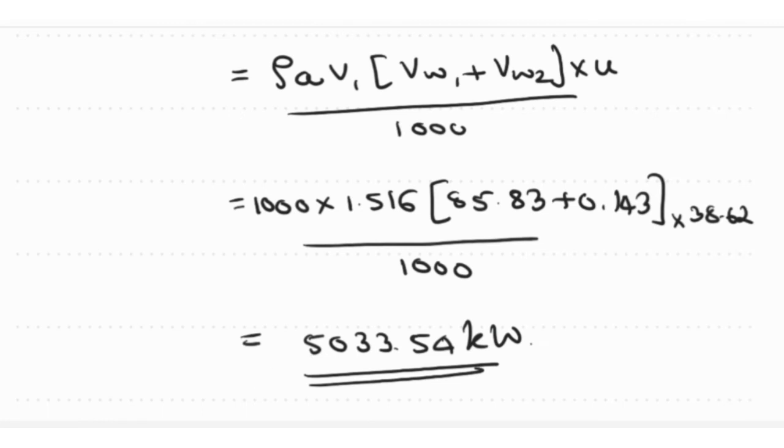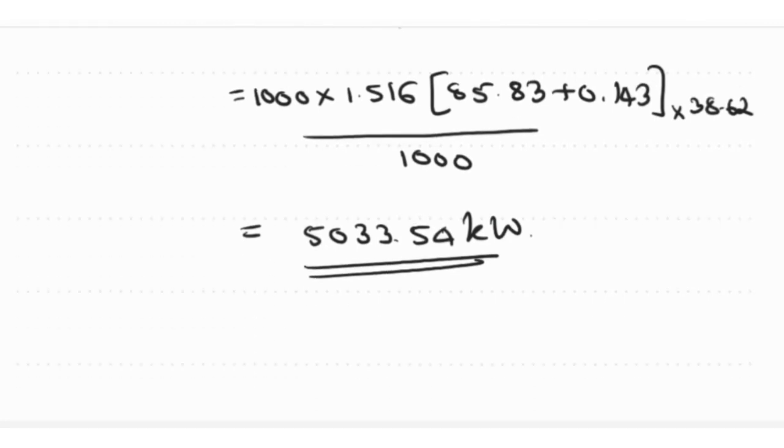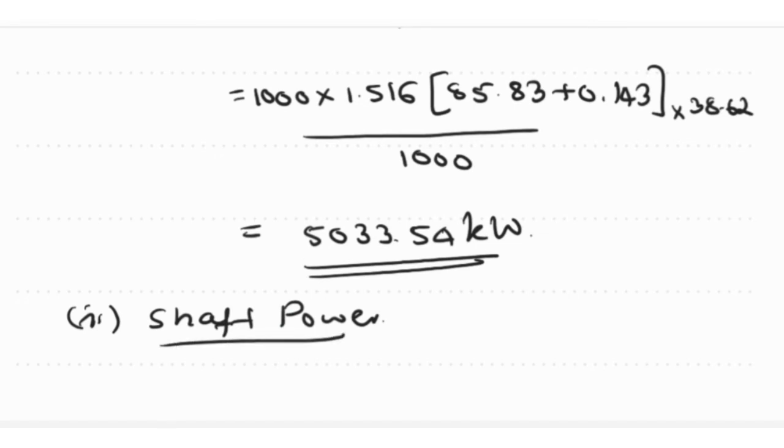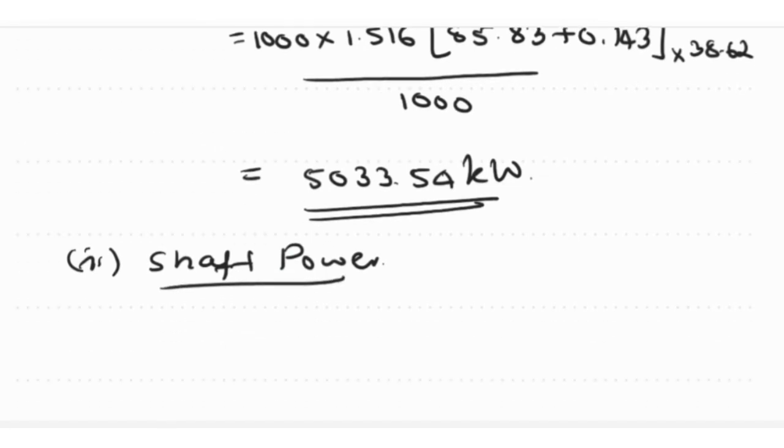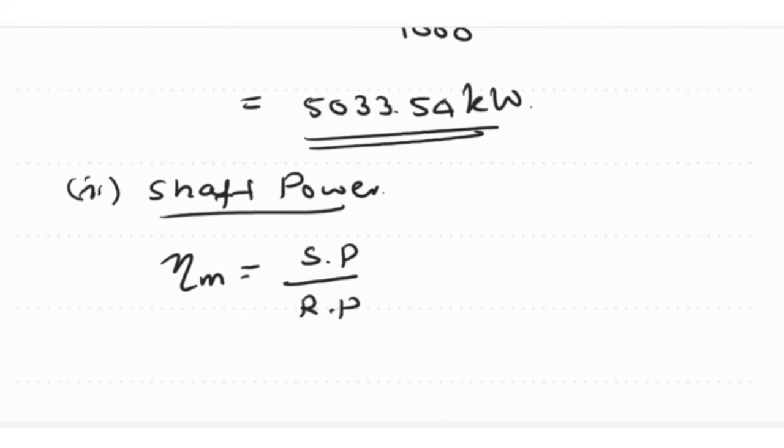Next we should go with the calculation of shaft power. In the question they have given the mechanical efficiency. So we should go with the equation: mechanical efficiency is equal to shaft power divided by runner power. Shaft power we have to calculate.